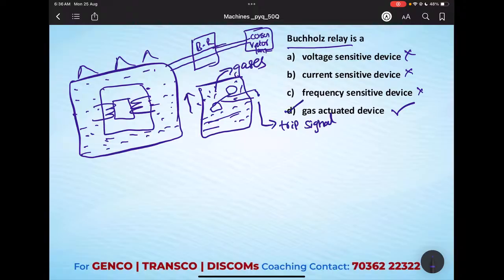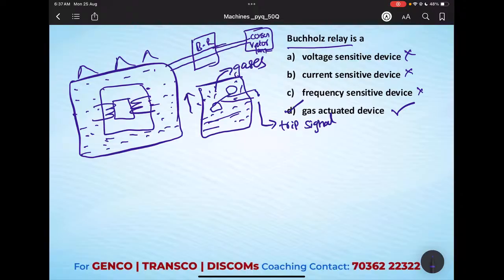How is it a gas actuated device? In general, whenever load current increases, the transformer winding will heat up, then the heat is transferred to the oil and it will expand. When the oil expands, some amount of gases will be released. These gases are trapped in the Buchholz relay.